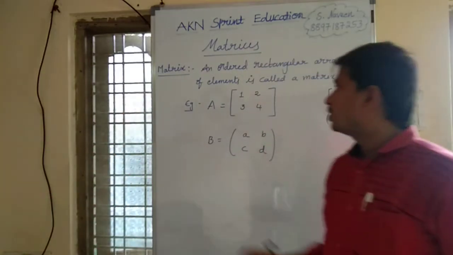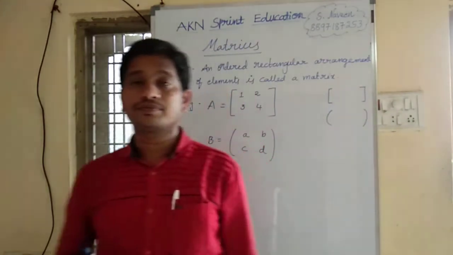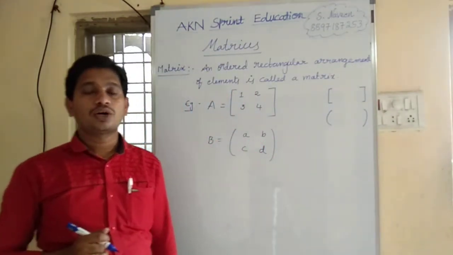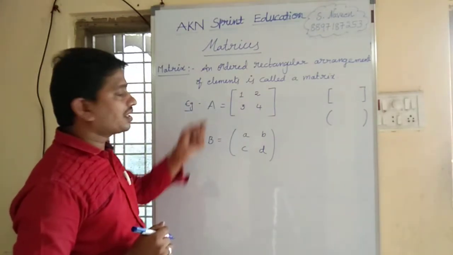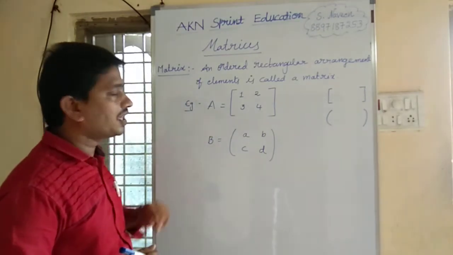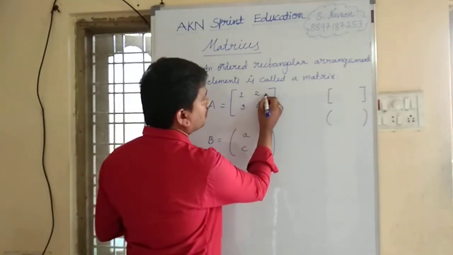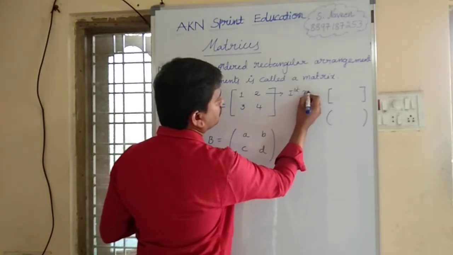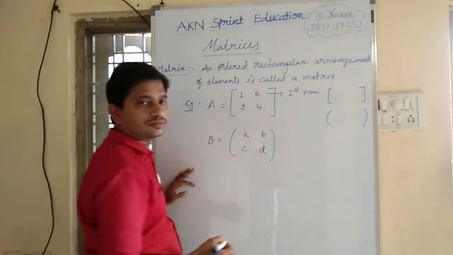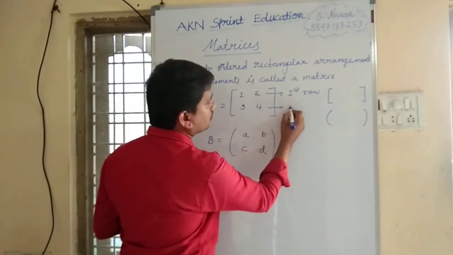So now, what is the order of the matrix? See, for example, this is the matrix A. The 1 and 2 are in the first row, and this is the second row.